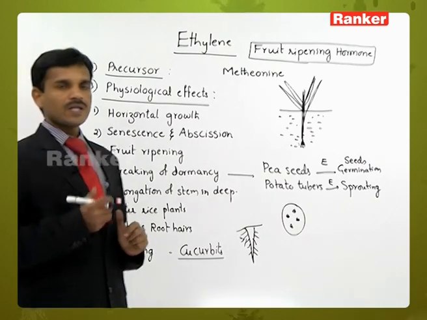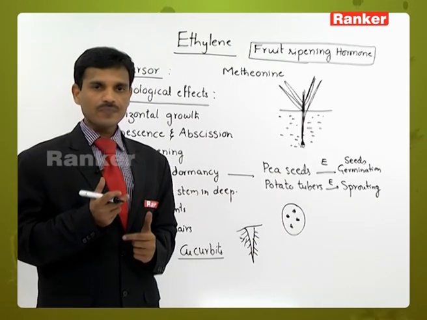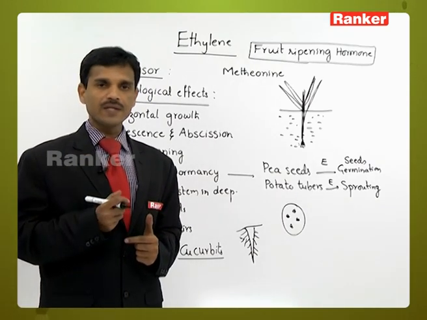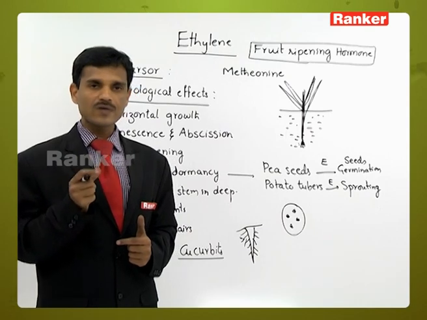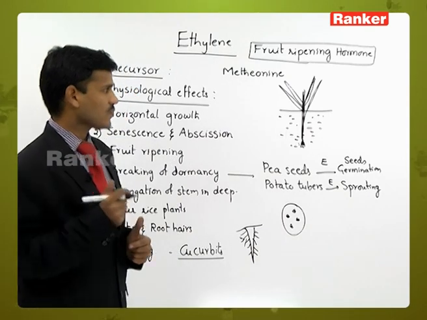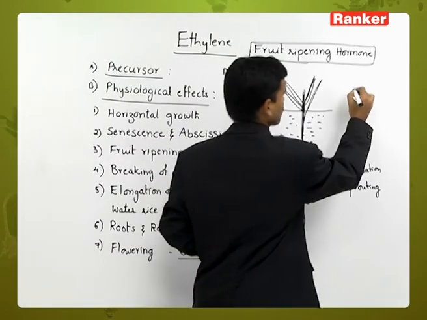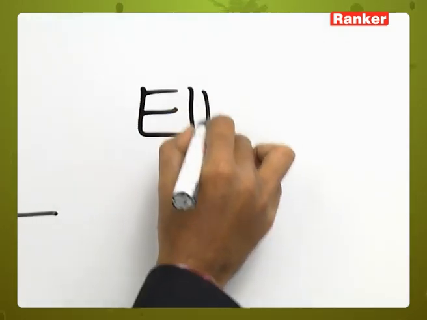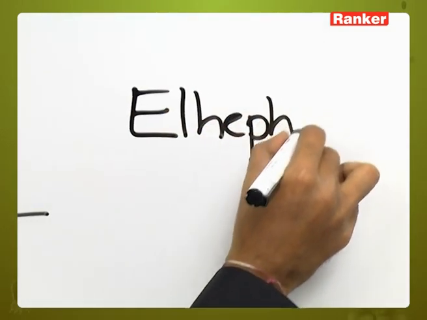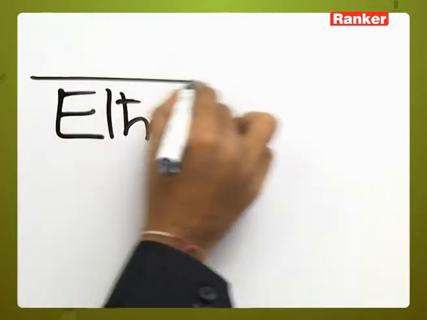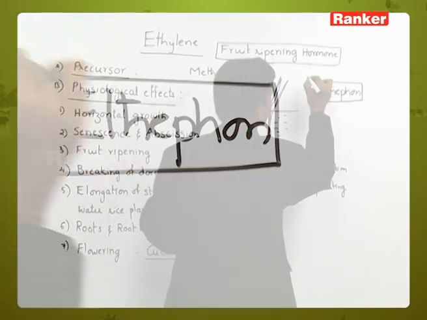Generally on the plants, for the release of ethylene, one chemical or aqueous solution is used. That aqueous solution is ethephon.